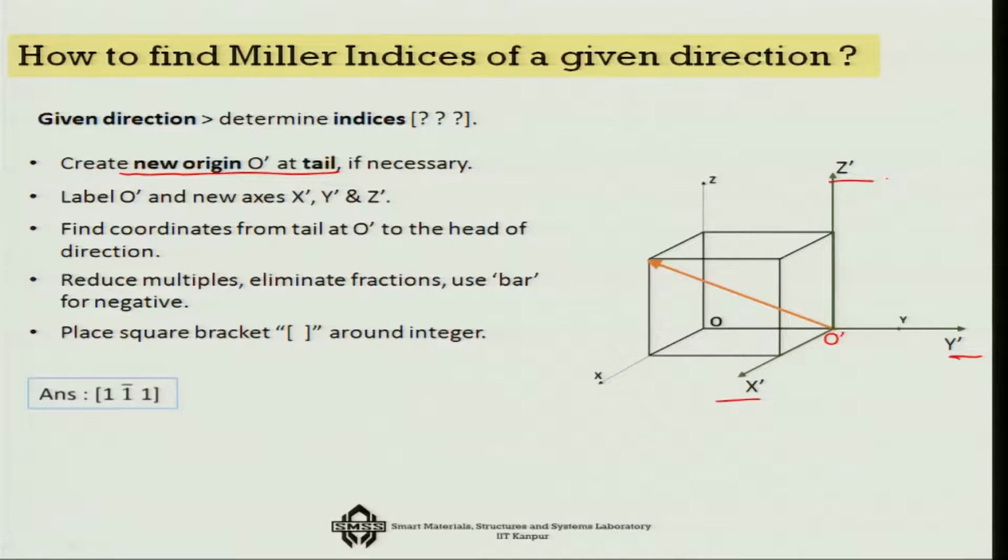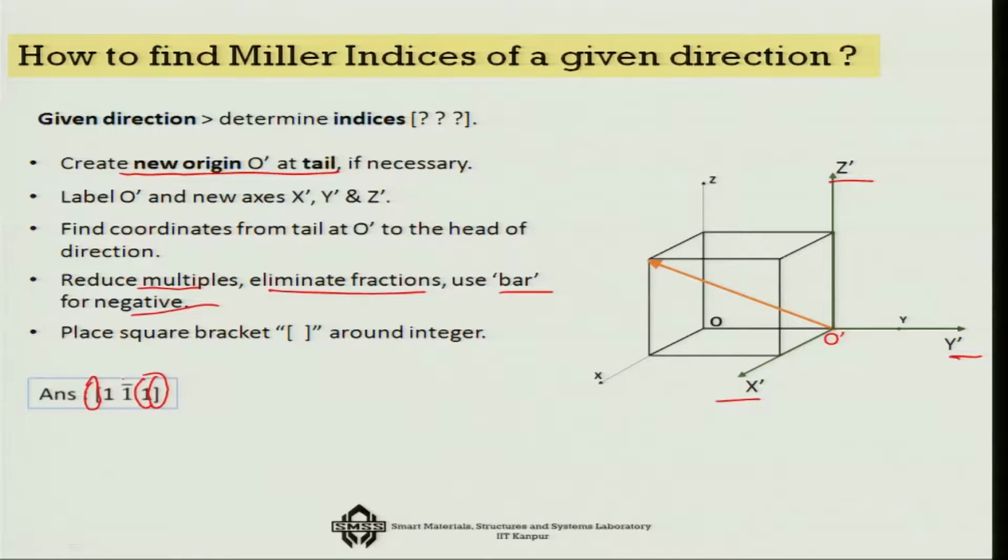Then find coordinates from the tail to the head of the direction, reduce multiples as usual, eliminate fractions and use a bar for negative. Finally, you place the square bracket. In this case, the square bracket is used to denote that this is a direction and not a plane.